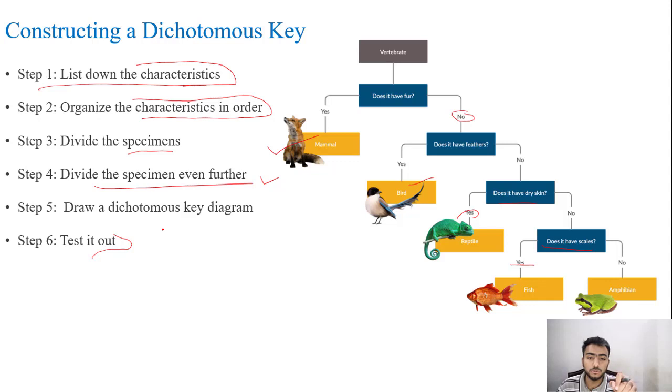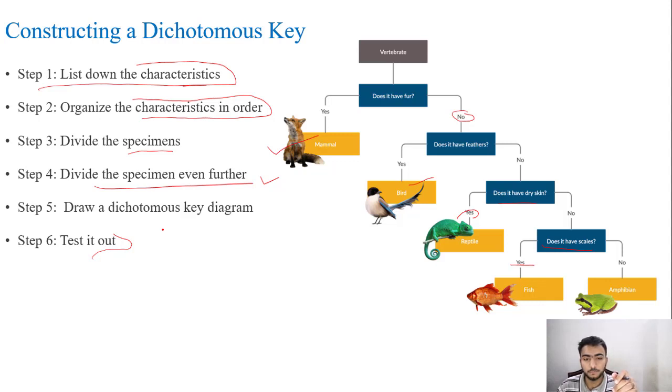And then we saw how scientists can classify living organisms. The dichotomous key is one of the most straightforward and simplest methods utilized in classification of living organisms, and we just discussed how we can construct a dichotomous key.